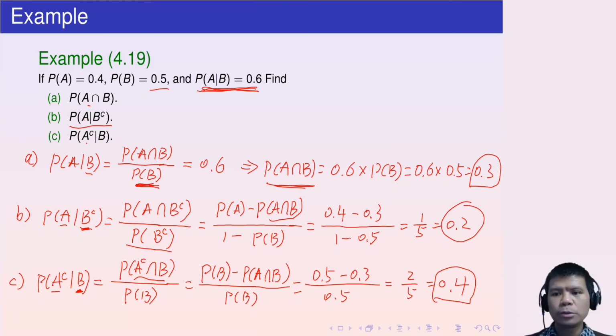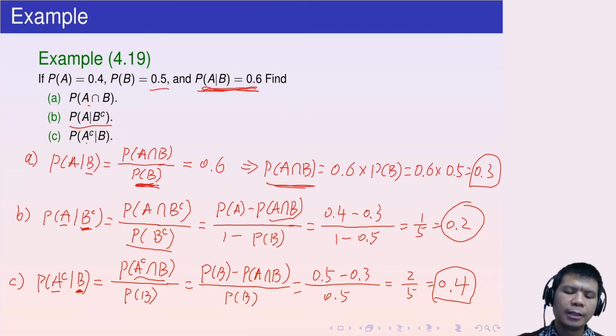All right, we found those by definition. In order to use a definition, you need to be really careful. There are two events involved in a conditional probability. One is the event of interest, that's the event in front of the bar. Another is the event that serves as a condition, that is the event right behind the bar.